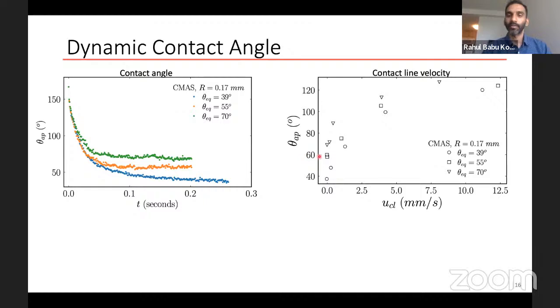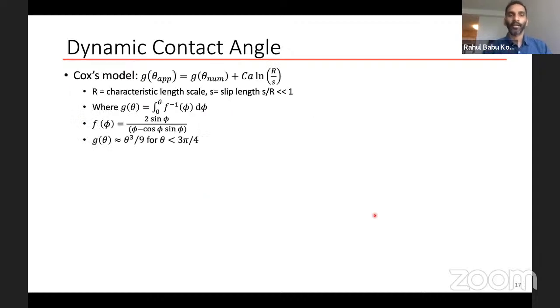We just take the time derivatives, and we look at that as a function of the contact angle. But instead of plotting it as the velocity itself, we can plot it in terms of reduced velocity or capillary number. We have nice theory and a bunch of models to explain the dynamic contact angle behavior. Pretty much all of these models stem from Cox's theory, which gives us an expression of this sort, which relates the apparent contact angle that is observed to the capillary number.